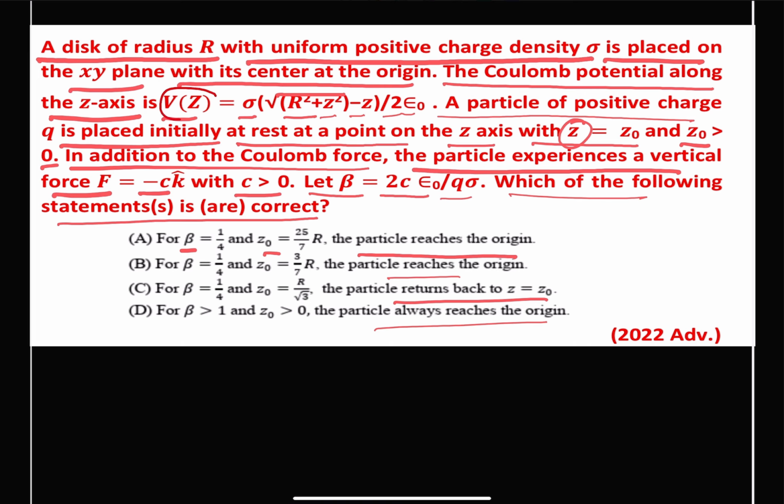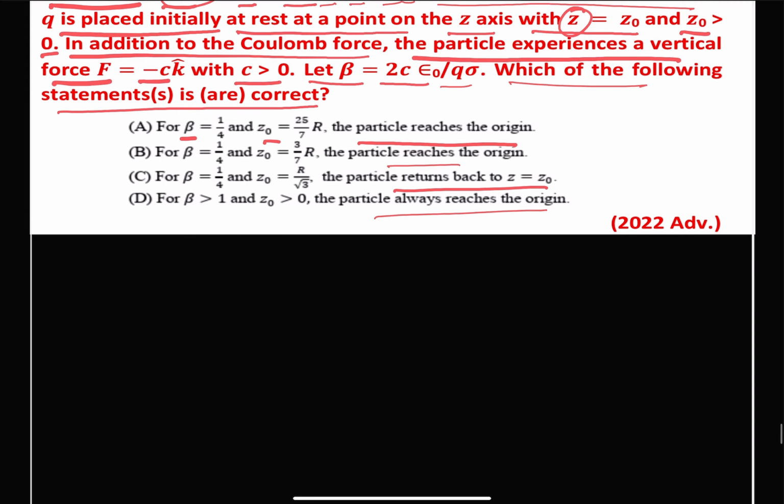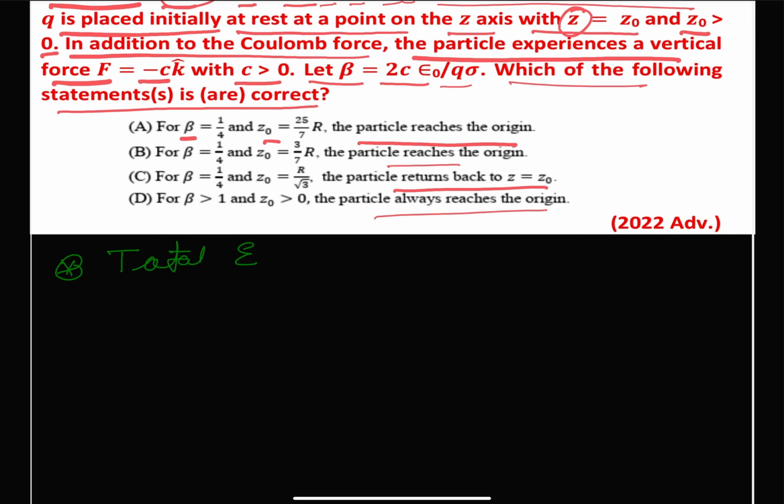So we can say total potential energy, suppose that is given as U of z.